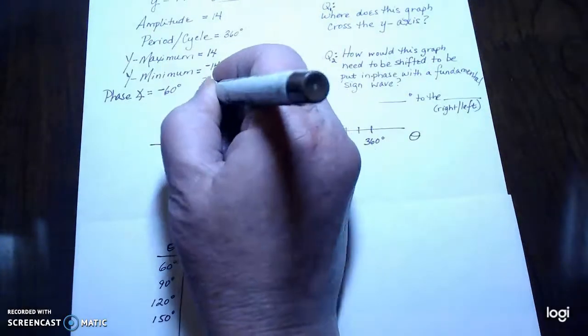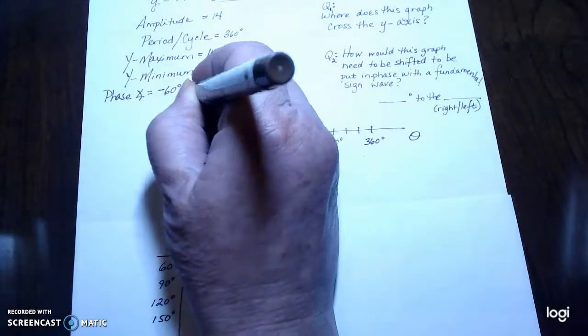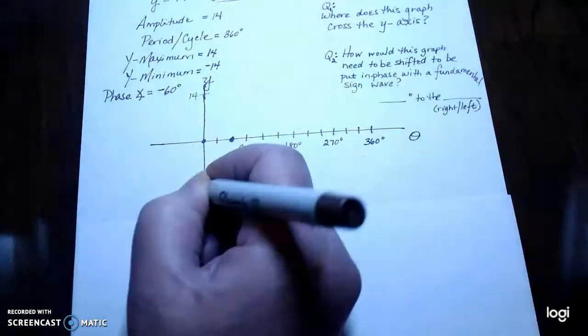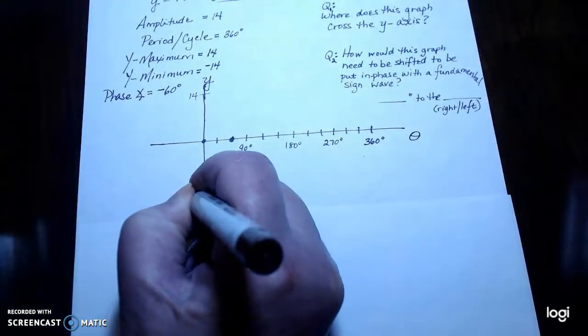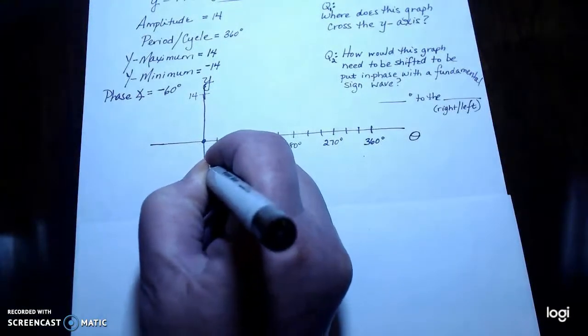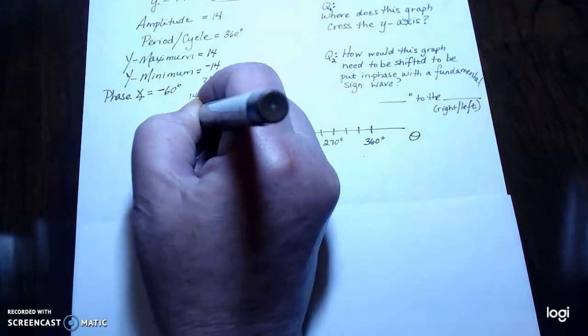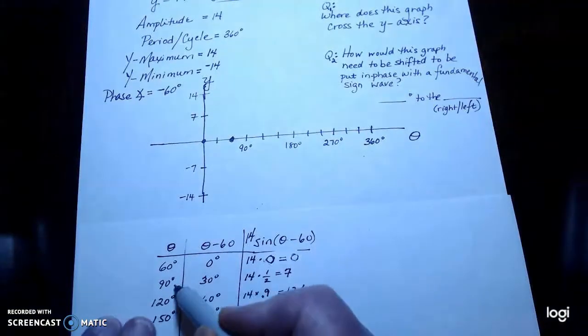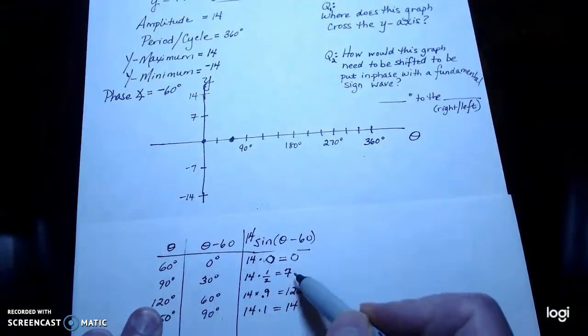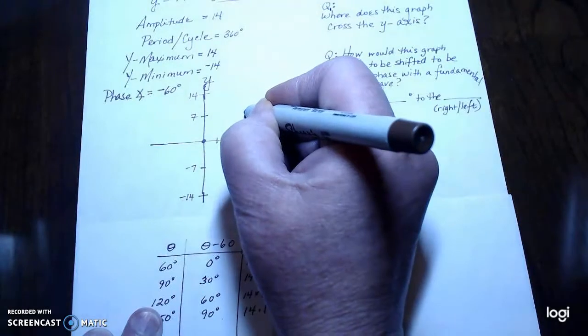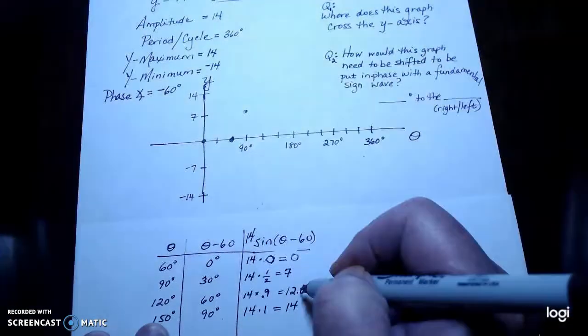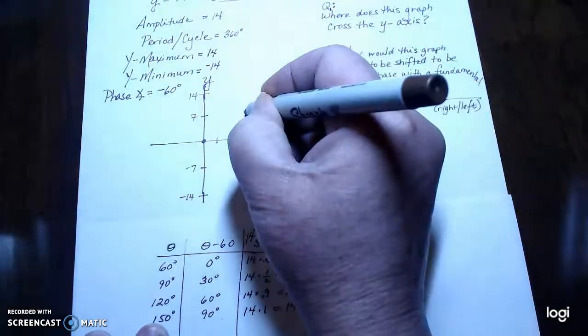I'm going to put 14 up at the top of my graph and negative 14 at the bottom of my graph. Halfway will be 7 and negative 7. So for an input of 90 degrees, the output was 7. For 120 degrees, the output was 12.6, which I'm going to estimate.